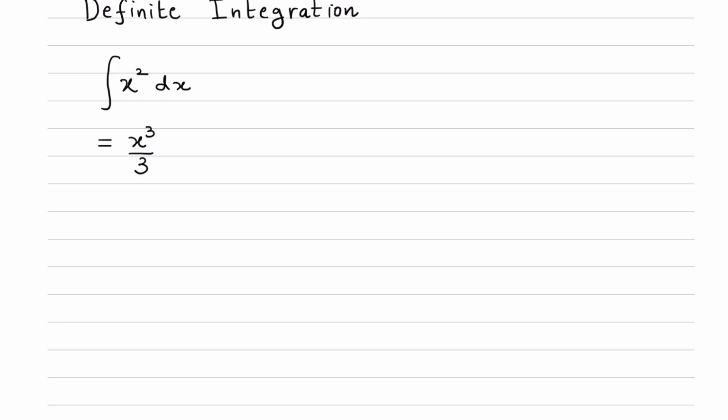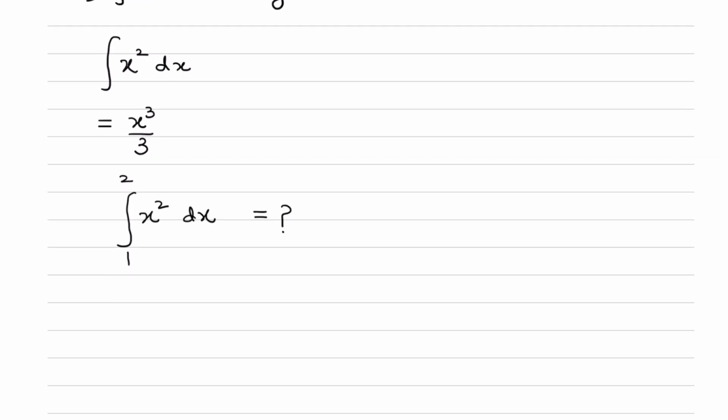But let's say now you have to solve this integral 1 to 2 x square dx. First of all, this 1 and 2, these are integration limits. So how do you read this? This is an integral where you have to integrate the function x square with respect to x, and x is running from 1 to 2.